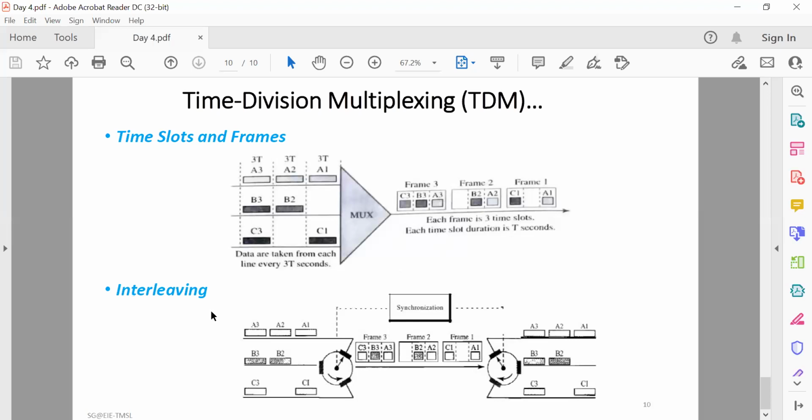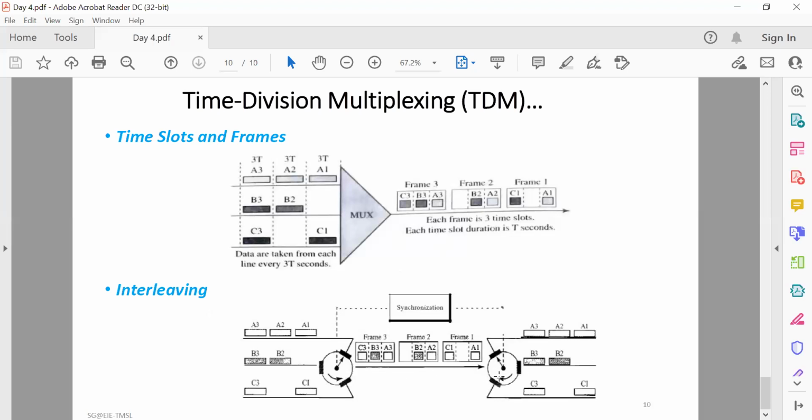Now, what is interleaving? In this technique, the same figure is converted into an interleaving technique by using 2 fast rotating switches.